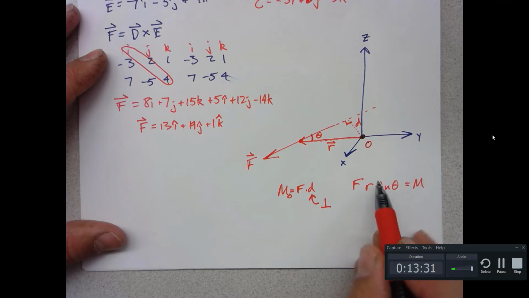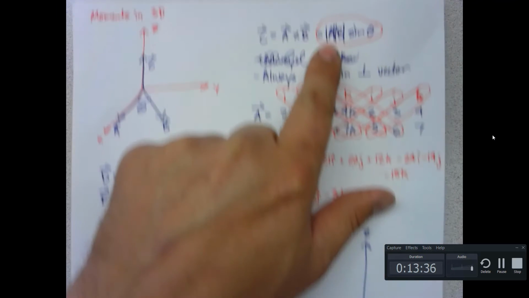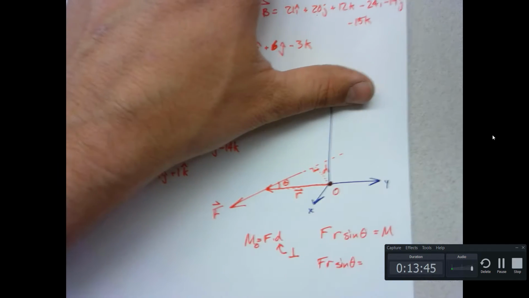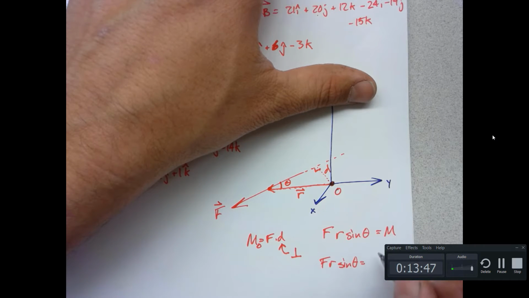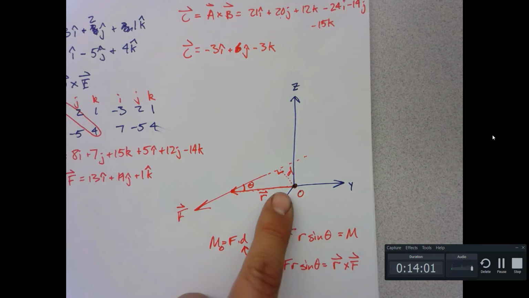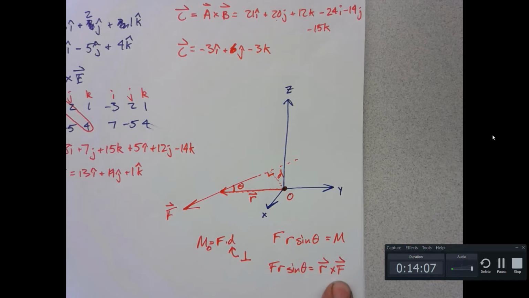So FR sine theta, if we go back up to our definition, FR sine theta is going to be equal to R cross F. So we can take the cross product of any vector R from the point of interest O to the line of action of F with the force, and we'll get the moment about O caused by that force.